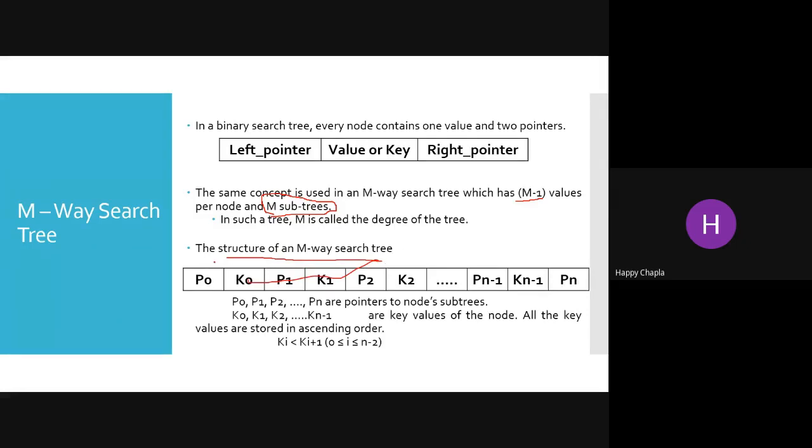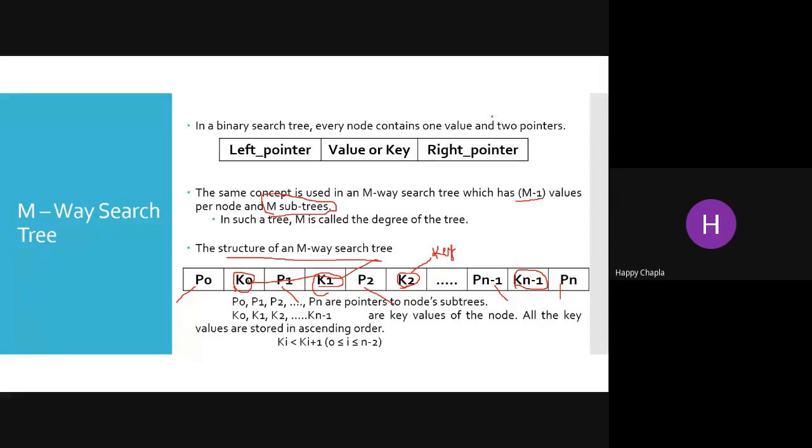Now that means what? So this is your data, value 1, value 2, value 3, up to n. This is the pointer, and this value we are trying to say as a key.